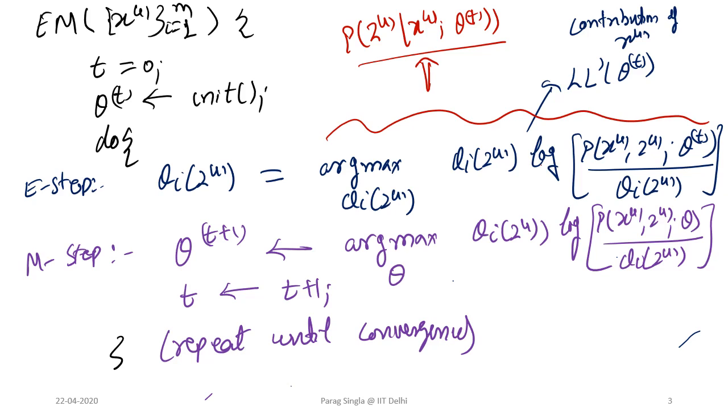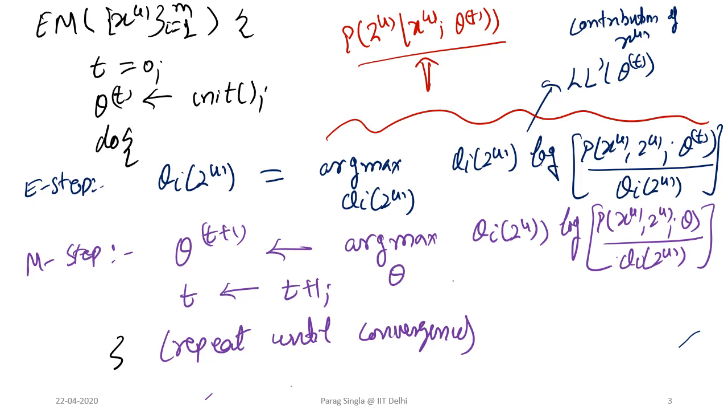One thing I want to remark here, which we will look at in the next slide, is that in both the E step and M step, this is a very uniform treatment, because we are maximizing the same expression, which is Q_i(z_i) log P(x_i, z_i; theta_t) over Q_i(z_i), which is nothing but the contribution of the ith example to the ℓ' of theta_t.